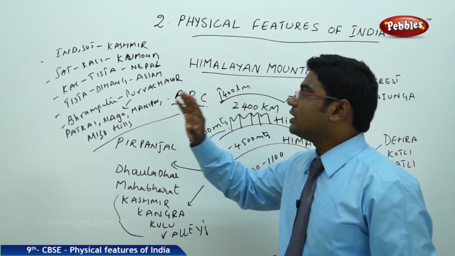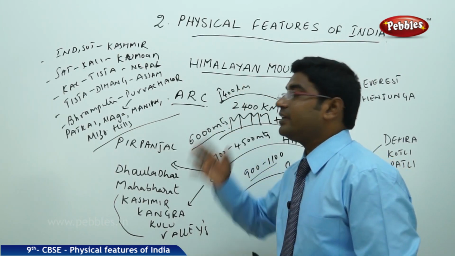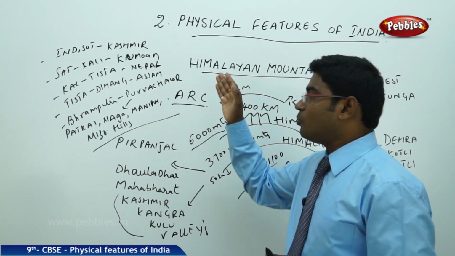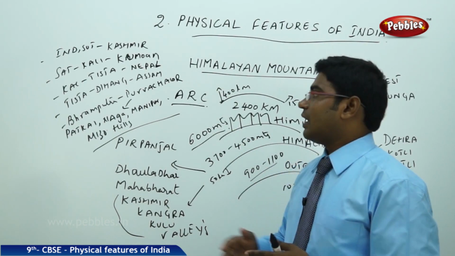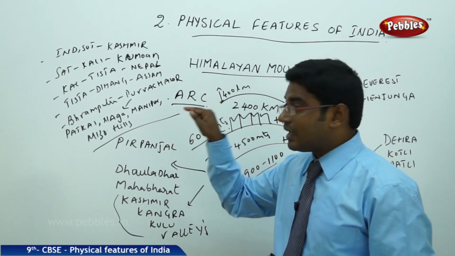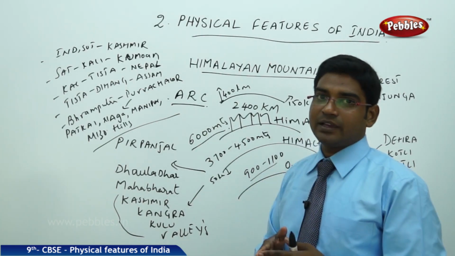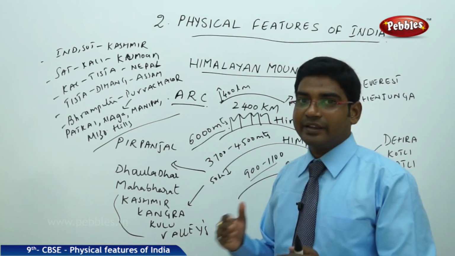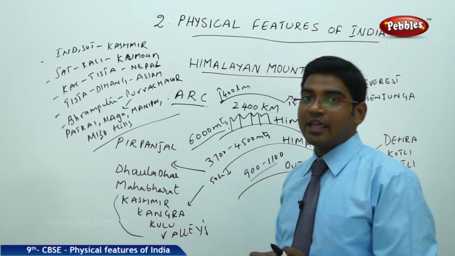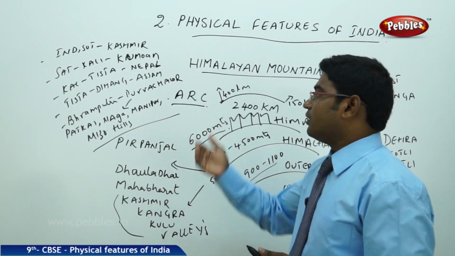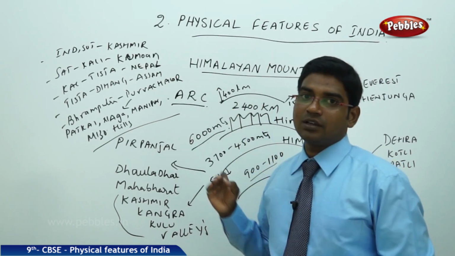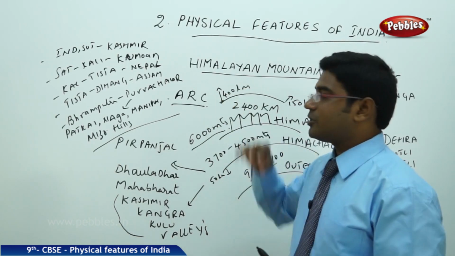The region between Satluj and Kali River is known as the Kumaon Himalaya region, and the region between Kali River and Tista River, which did not form under Indian land, comes in the Nepal Himalayan region. Then from Tista to Dihang is known as the Assam Himalaya region.